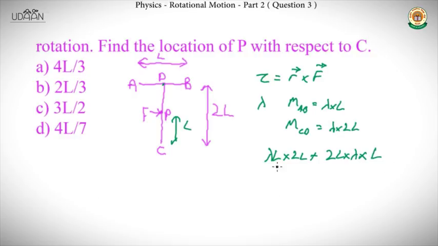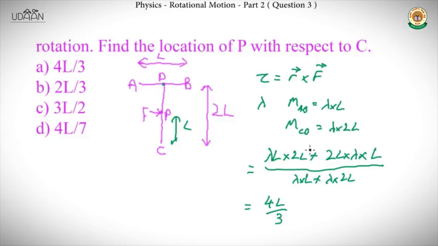This will be divided by the total mass of the system, which is lambda L plus lambda 2L. We can solve this to find that the value comes out to be 4L by 3.